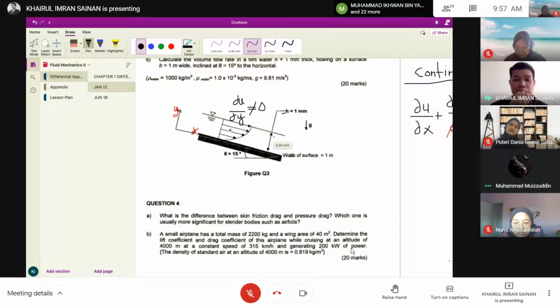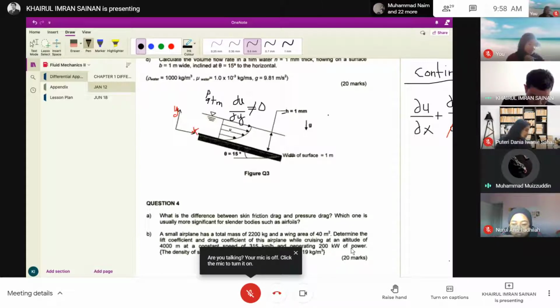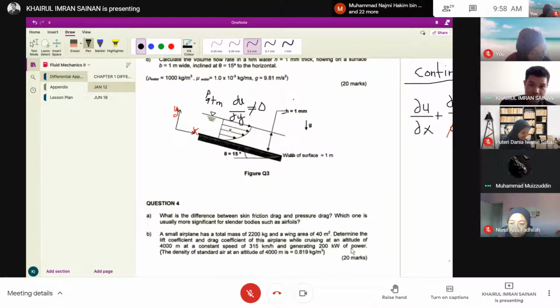This is an open system, meaning the pressure is atmospheric pressure. ATM pressure.